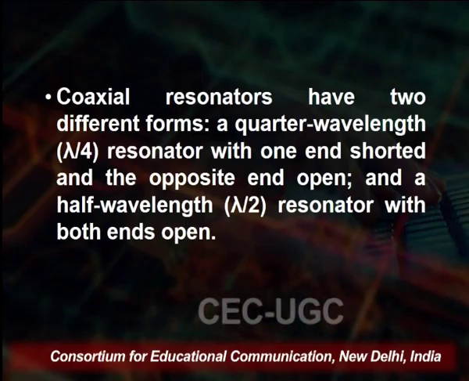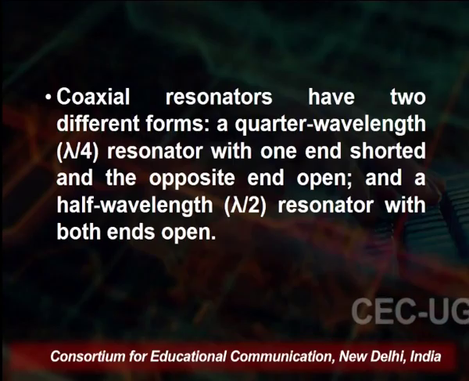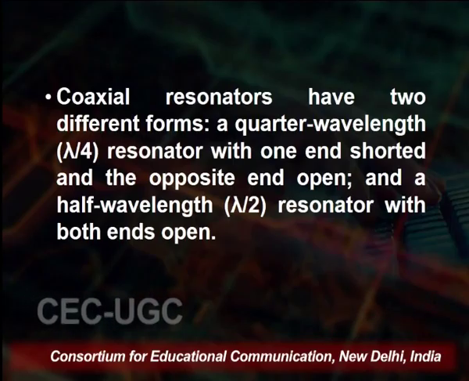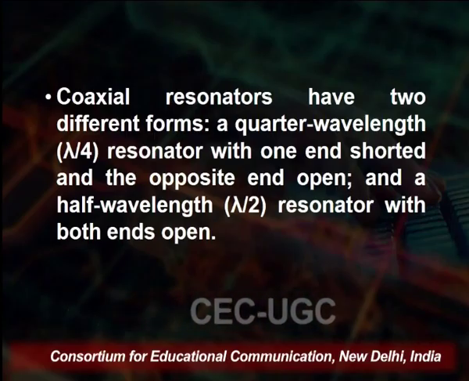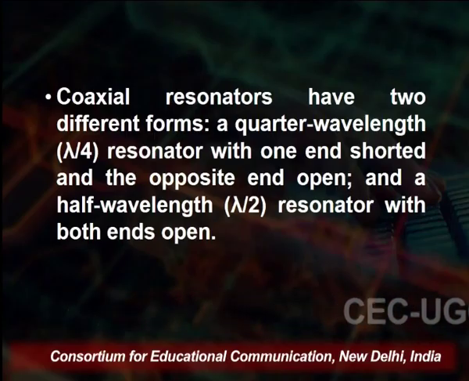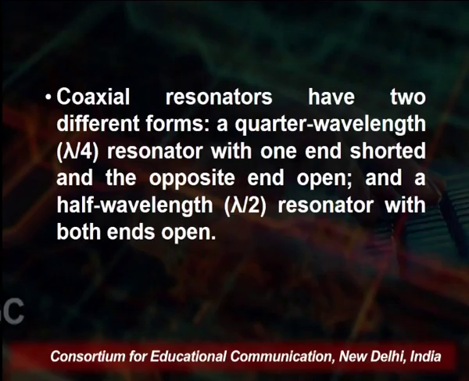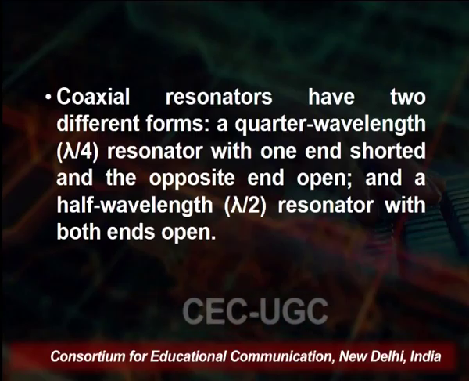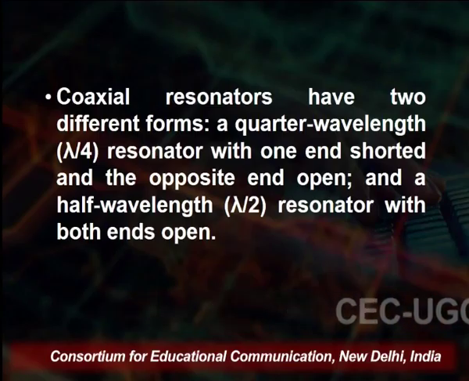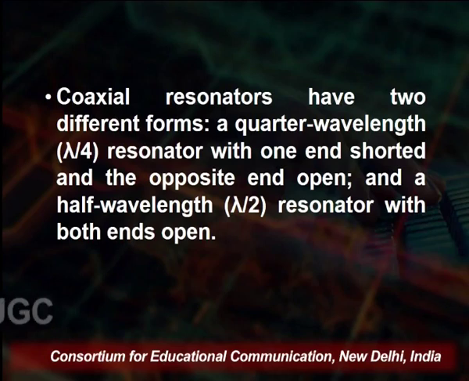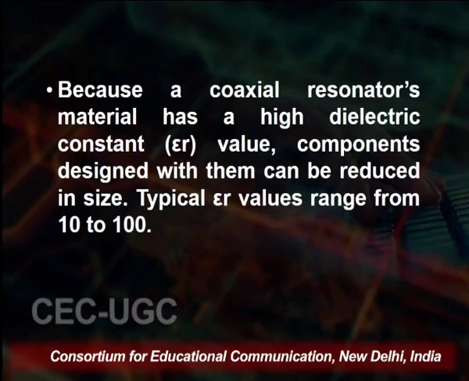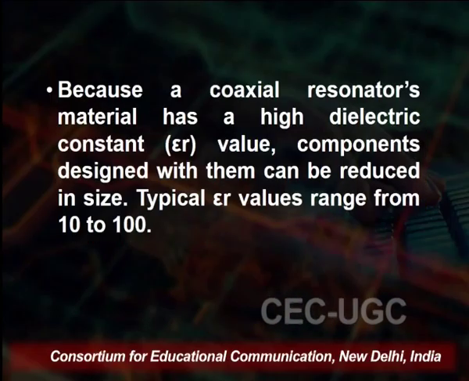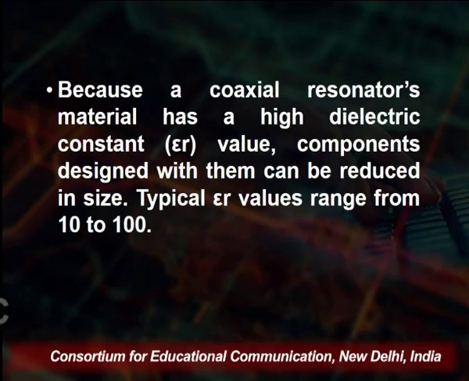First is a quarter wavelength, that is lambda by 4 resonator, with one end shorted and the opposite end open, and a half wavelength, that is lambda by 2 resonator, with both ends open. In the quarter wavelength one end is shorted and the opposite end open, but in the half wavelength both ends are open, because a coaxial resonator material has a high dielectric constant value.